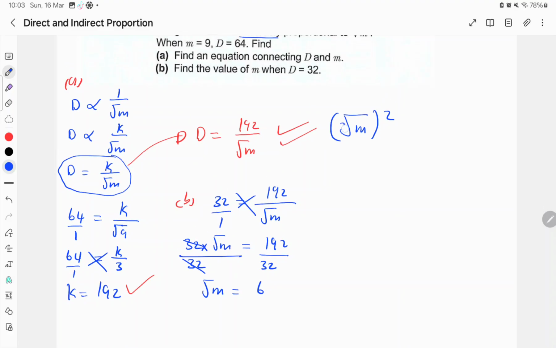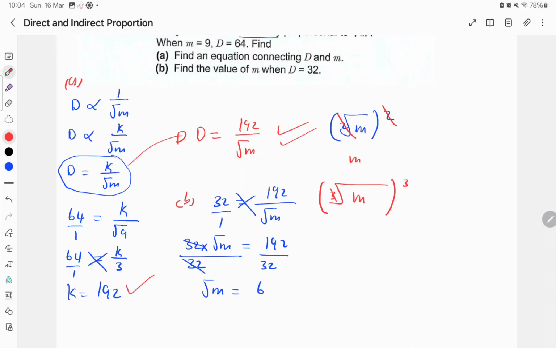Because there's an invisible 2 there; the 2 and the square cancel each other, leaving only the letter M. Same as if I have a cube root of M, and I want to get rid of the cube root, I must apply a power of 3.